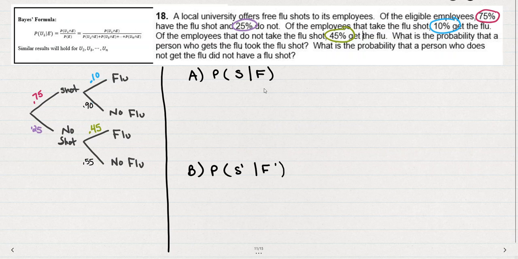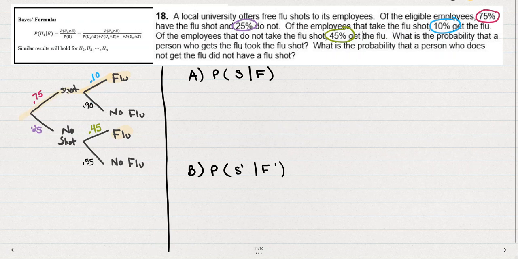Going back to applying Bayes' formula, what's the probability of S given F? What's the probability that if we got the flu, we had the shot? What's the probability that a person who gets the flu actually took the shot?